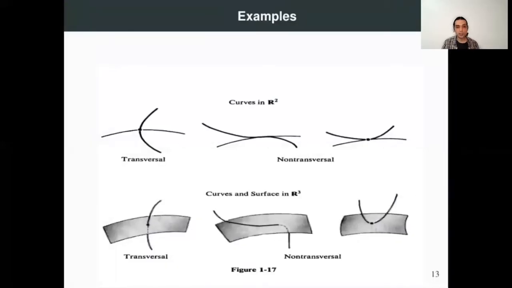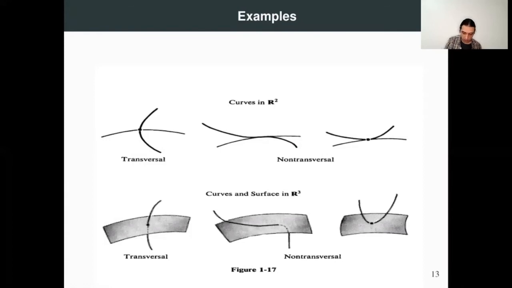We are going to consider a few examples of transversality and non-transversality with pictures. Something that we have to take into account is that transversality of submanifolds depends on the choice of the ambient space, because the condition is a condition in which the ambient space is playing a role.